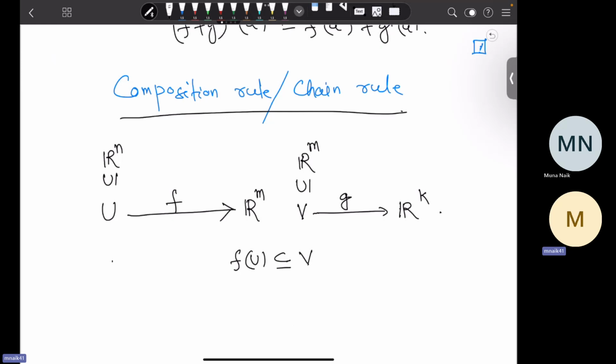If you look at this composition, U goes to f of U under f, and then g. If f of U is contained inside B, then this composition makes sense.